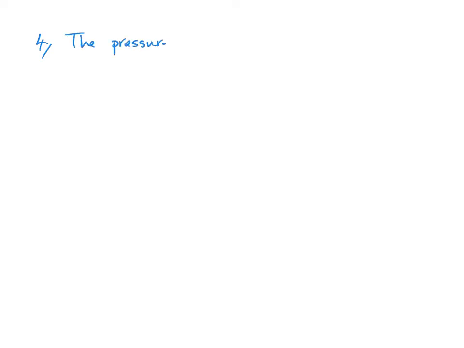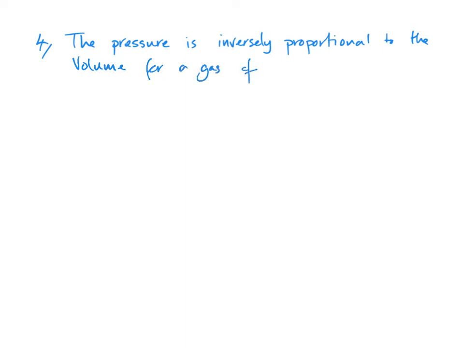And what we find is the pressure is inversely proportional to the volume for a gas of fixed mass, so we've got the same amount of gas in all of these experiments, we fix the mass, and constant temperature.